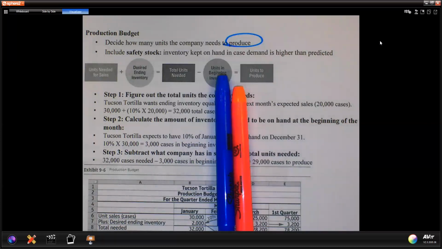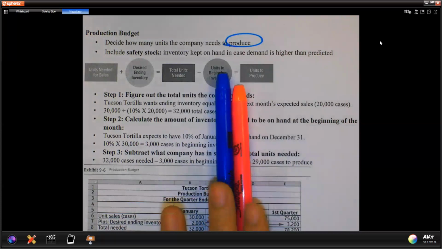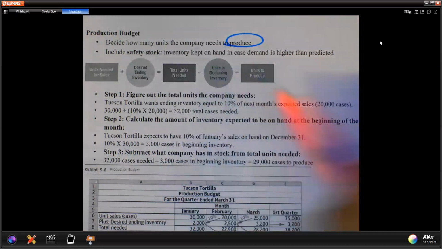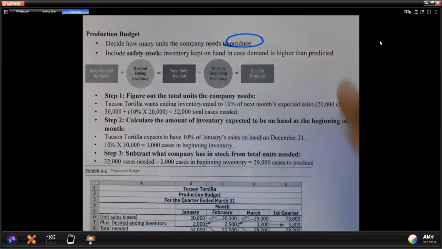The second part you want to think about is that this month you want to have some ending inventory, just in case you have higher demand for the actual sales. But your last month's ending balance will be this month's beginning balance. Let me write it down here.